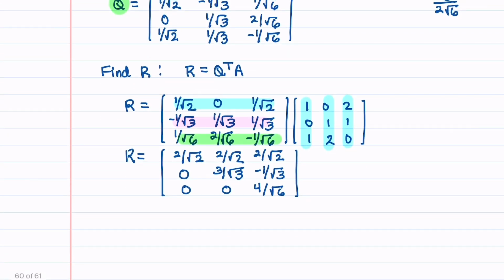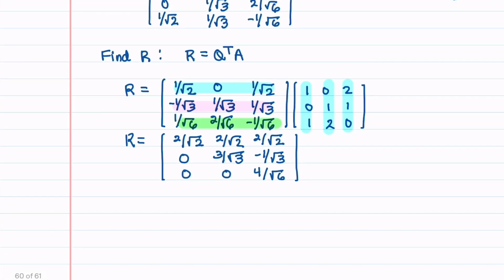And we can actually simplify this. So I think we should take just one more minute and do this. 2 divided by root 2 is root 2. So we have root 2's up on the top. And then we have a 0, and 3 divided by root 3 is just root 3. This one we can leave the same, and the bottom row we can leave the same.